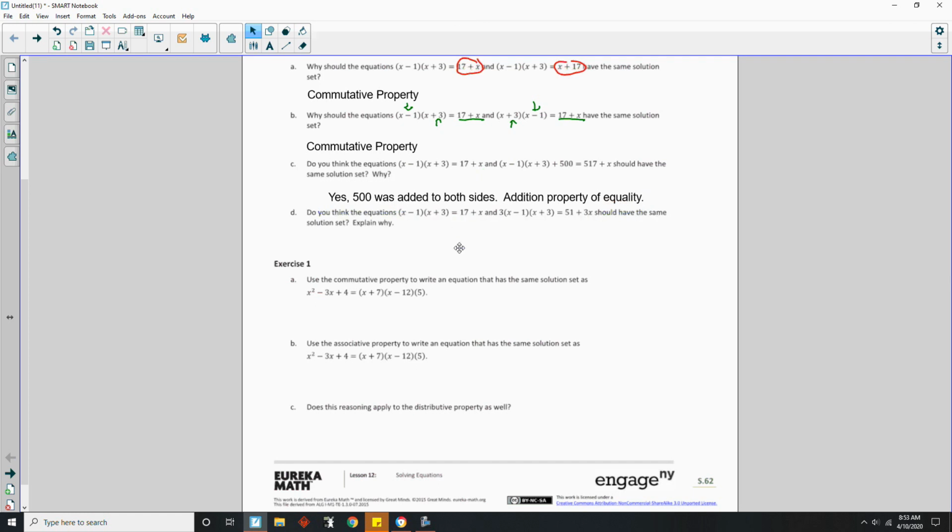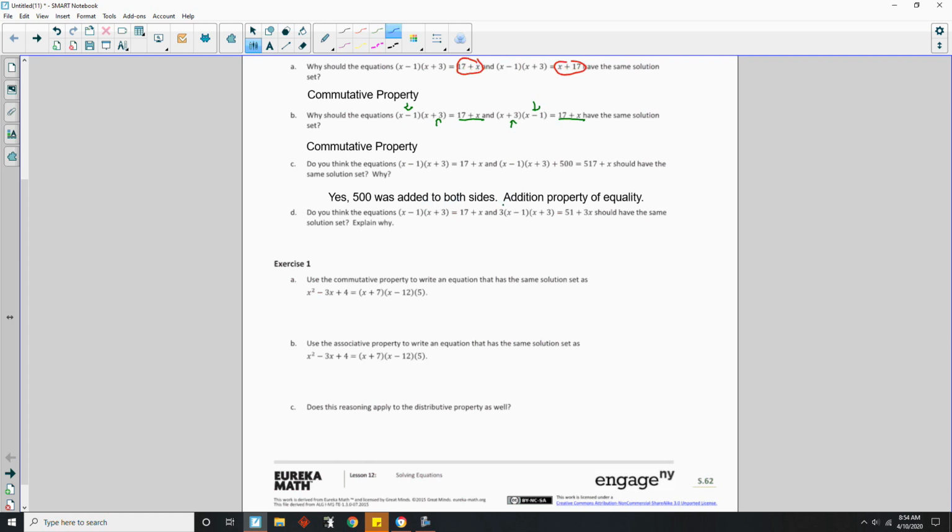Okay. And then finally in part D, do you think the equation (x minus 1)(x plus 3) equals 17 plus x and 3 times (x minus 1)(x plus 3) equals 51 plus 3x have the same solution set? Okay, so what happened here? So if we look at this more closely, let me switch to blue.